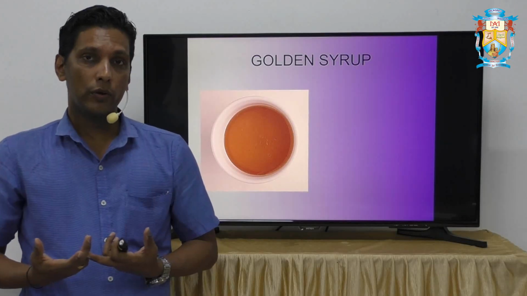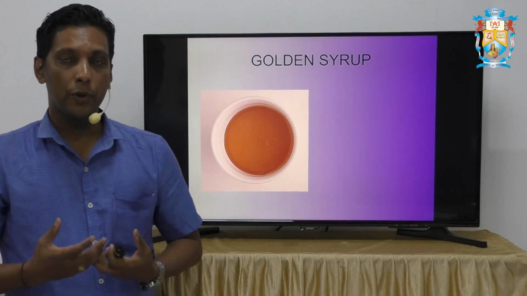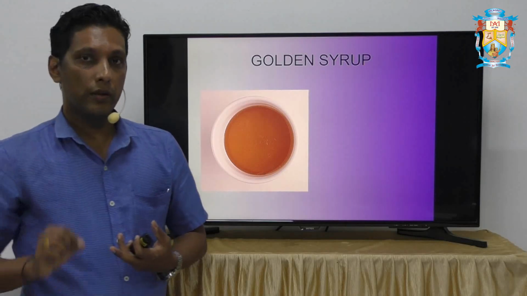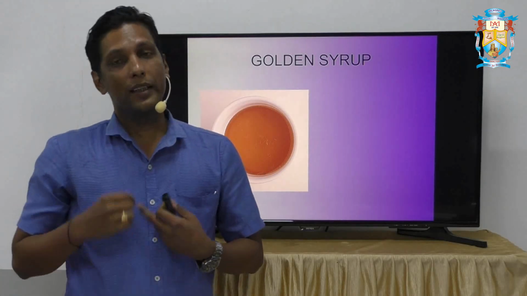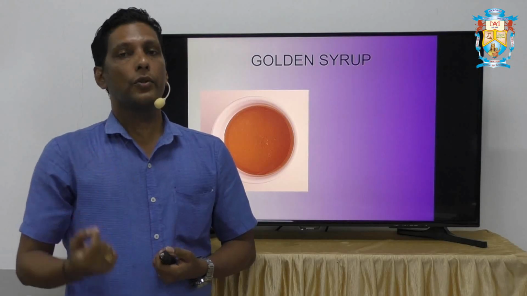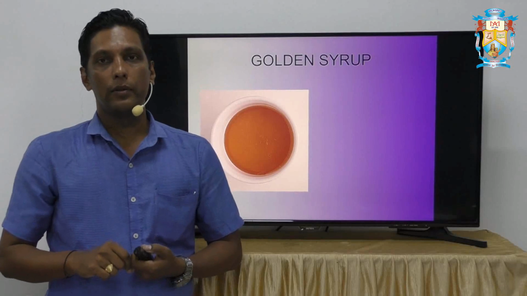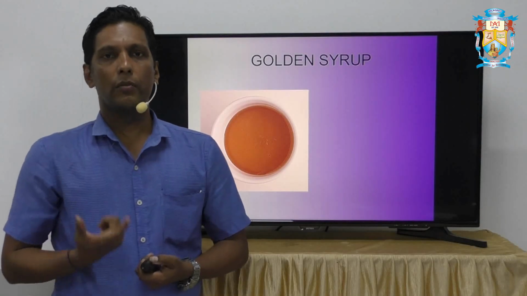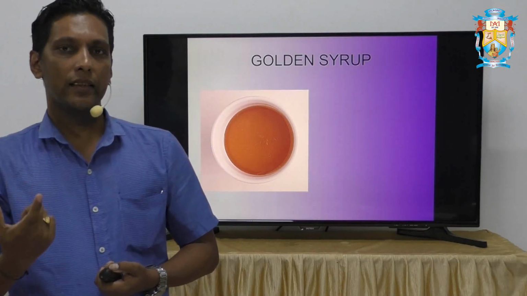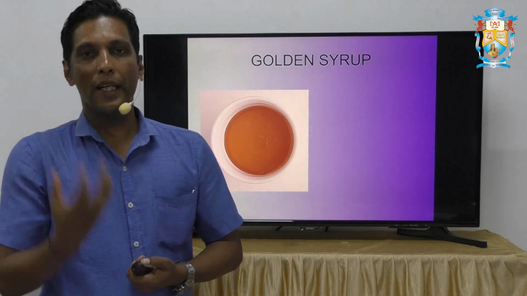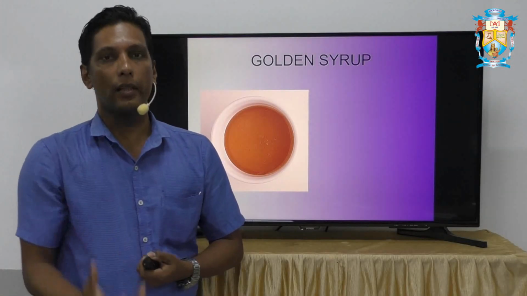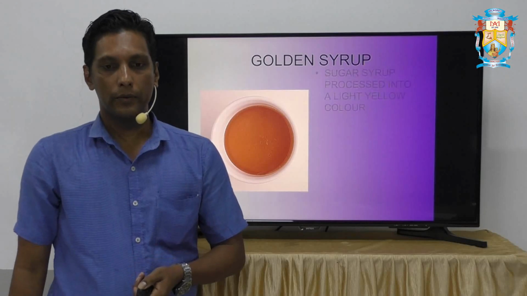Probably like a mojito, you might have heard about the famous cocktail from Cuba, the mojito, they use granulated sugar. But there are certain cocktails where they cannot use granulated sugar, so instead they use syrup. Normally in gulab jamun or any kind of Indian dessert, the main sweetness comes from the syrup. So these are the golden syrup.